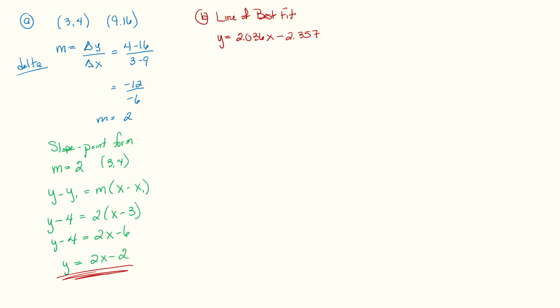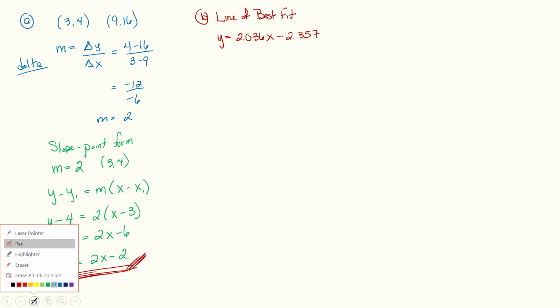Now, we weren't too far off, were we? Because if you look at the line that we got by hand and the one the calculator got, the numbers aren't too far off, so that's a good thing. Now, another question they could ask you to do is to create a scatter diagram.